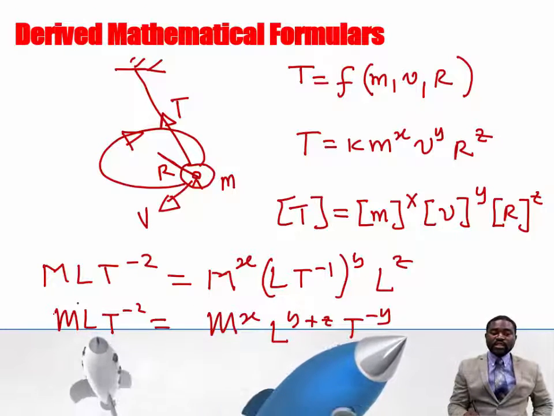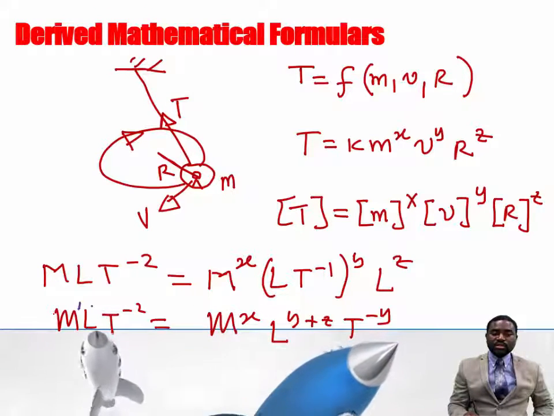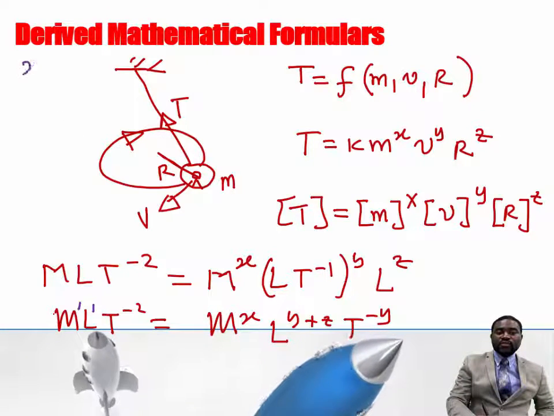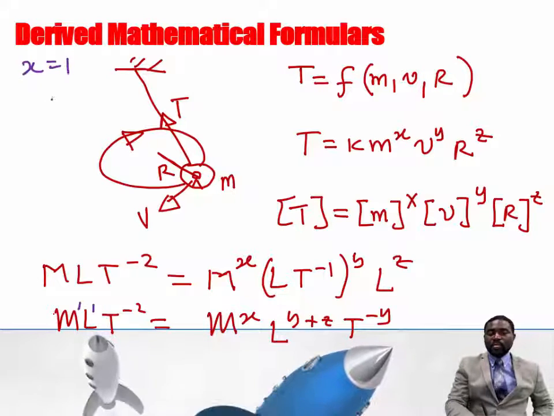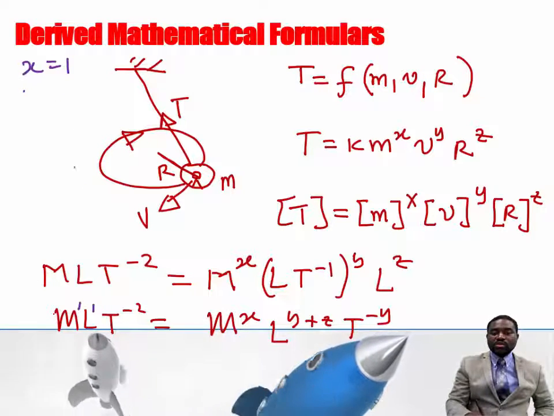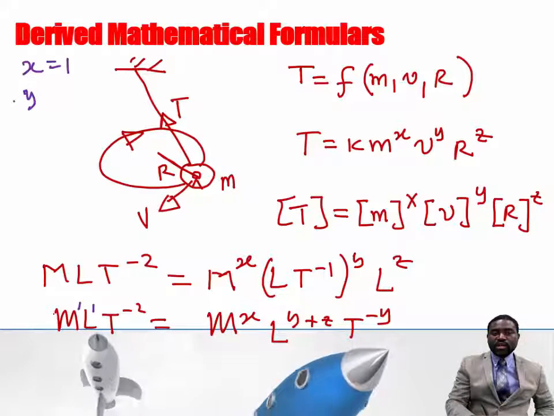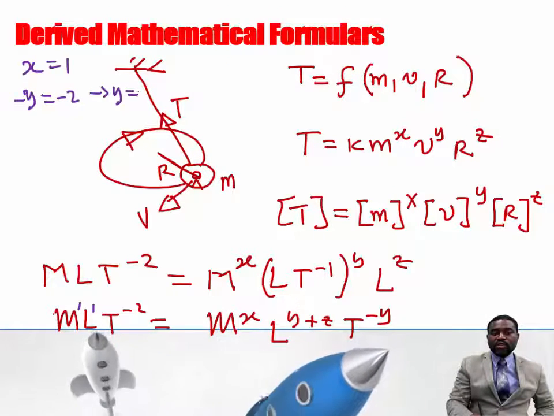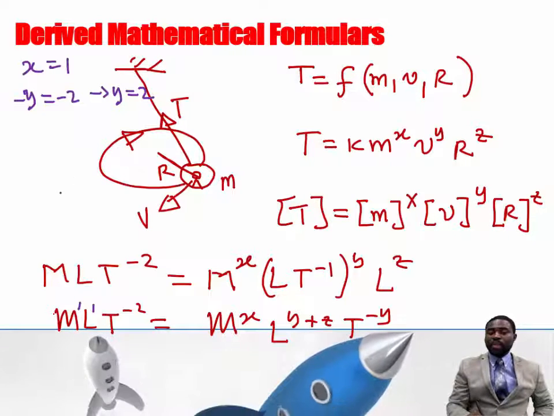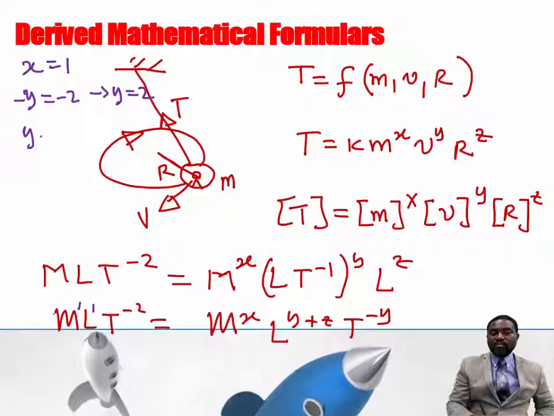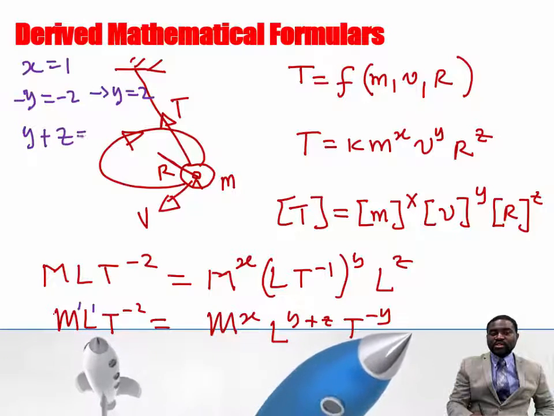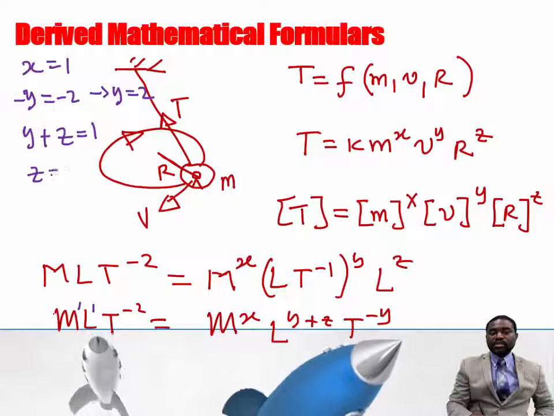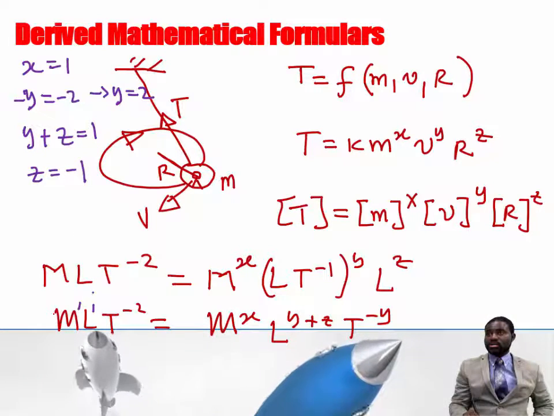Automatically, you realize that this is raised to the power 1. This is raised to the power 1, right? Therefore, x is equal to 1. And automatically, you see that negative y is equal to negative 2, which means that y is equal to what? 2. Also, you see that y plus z should be equal to 1, and y is 2, which means that z will be negative 1.